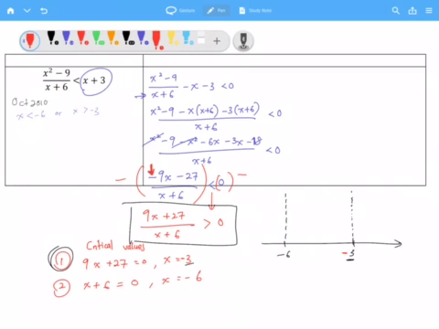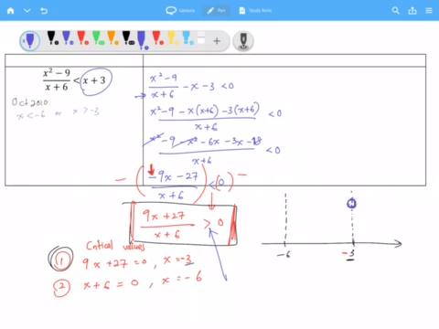Alright, so if we substitute negative 3 into this equation here, you will get 0 over something. Means the answer will be 0. We don't want that to happen, since what we want is anything higher than 0. So we do not include negative 3.